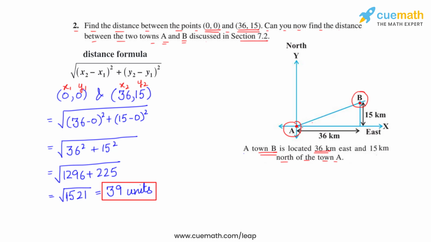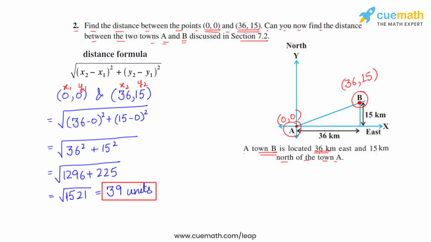We have to find the distance between these two towns. You can see it is 36 kilometers east and 15 kilometers north. So this point becomes the x value, that is 36, comma y value, that is 15. So 36, 15, and at A the coordinates are 0, 0.